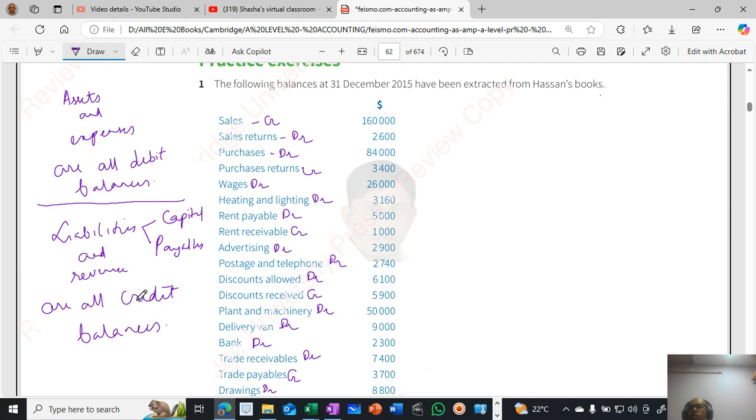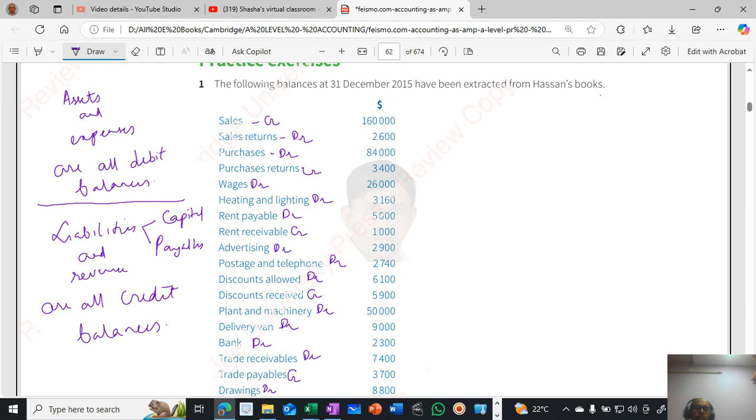A lot of questions are based on this concept of balances. We will often be using this technique in solving lot of problems. So be prepared. We'll finish this and see the next problem.